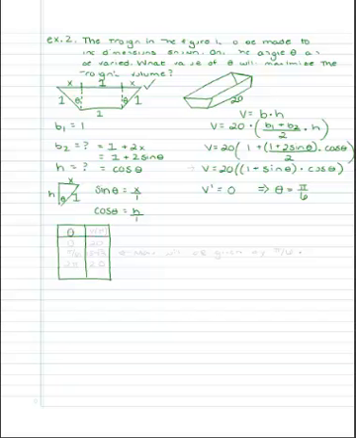We have theta and V of theta, so we have 0, pi over 6, and 2 pi. We're going to take these values of theta and plug them back into our original volume equation. For 0, that formula is 20. For pi over 6, it's 15 square root of 3. And for 2 pi, it's 20.